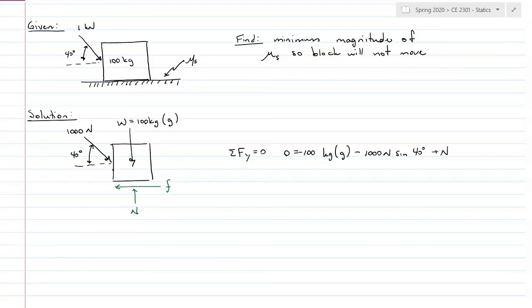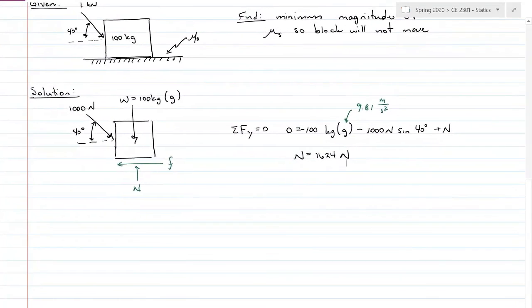Remember, gravity, as far as we're concerned in this class, is 9.81 meters per second squared, since we're in metric land, and that yields a normal force of 1,624 newtons. I know, I'm sorry, normal force and newtons, they have the same sign.